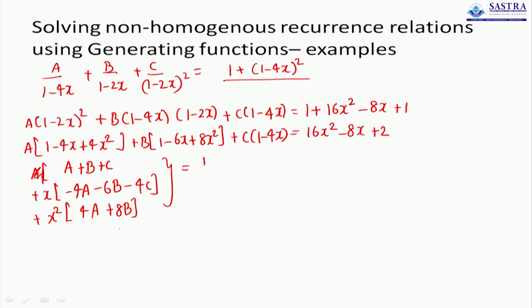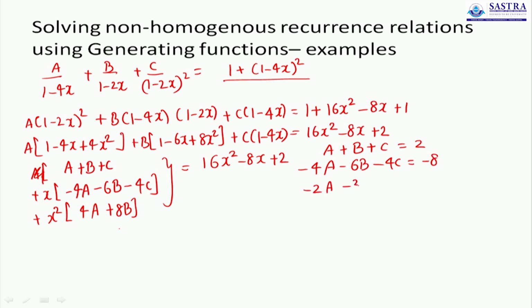This gives us the required answer of 16x squared minus 8x plus 2. Now comparing the coefficients, we have equation number 1 as a plus b plus c is 2. Equation number 2 is minus 4a minus 6b minus 4c is minus 8, or that is minus 2a minus 3b minus 2c is minus 4. The last term is just 4a plus 8b equaling 16, or a plus 2b equaling 4.